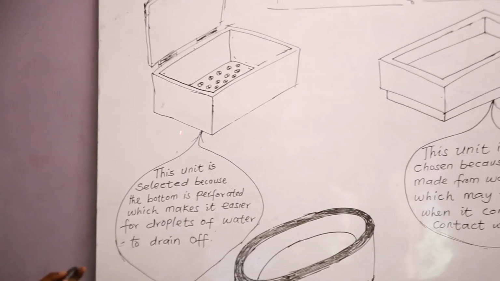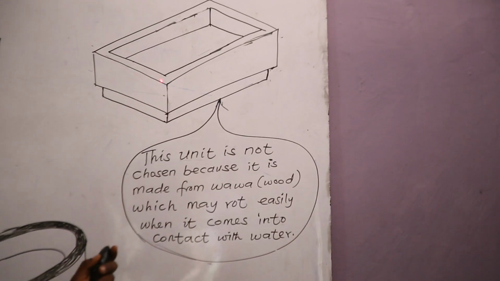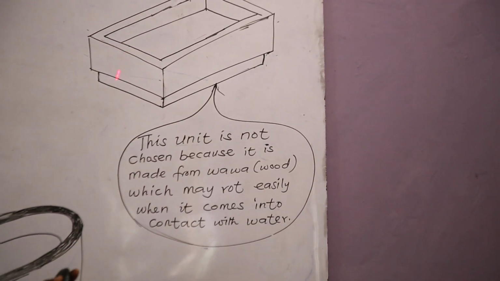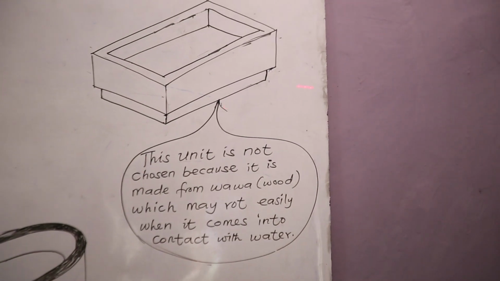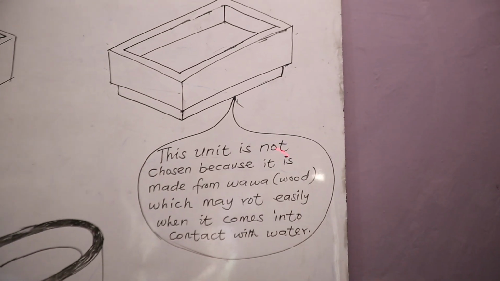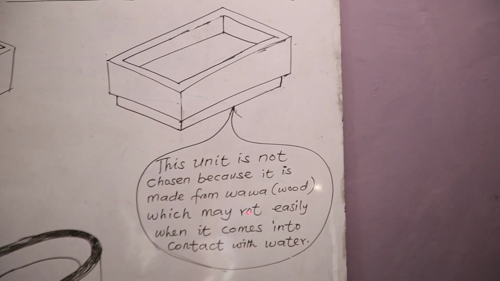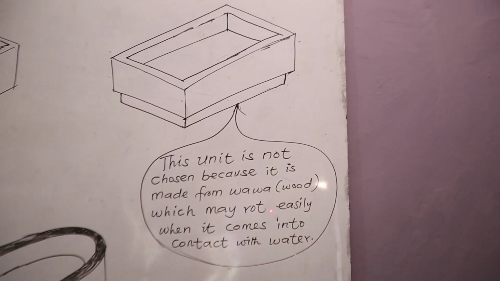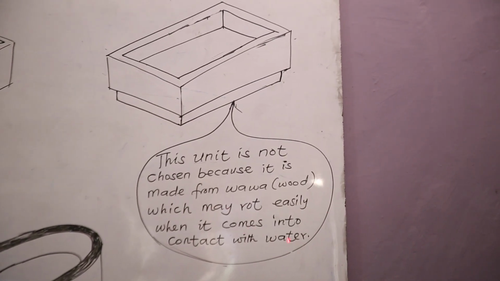So in this case, we are selecting this. All right, so this is also one of the other possible solutions. But in this case, we are not selecting this. And the annotated notes will tell you why this one is not selected. So this unit is not chosen because it is made from wawa, that is wood, which may rot easily when it comes into contact with water.